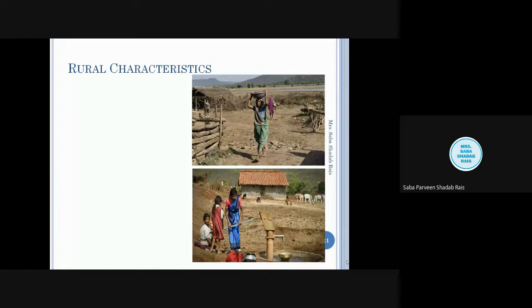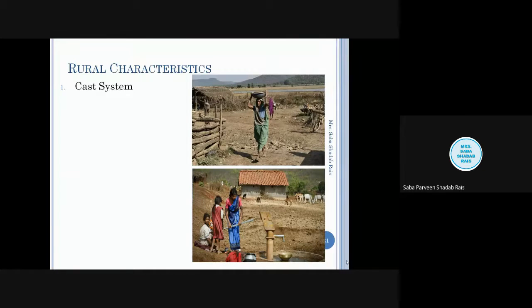First of all, when we talk about the rural, does anyone want to say something? Okay, we'll continue. First thing is that the rural society has more and more caste system. Now see, we have already discussed the caste system in detail.